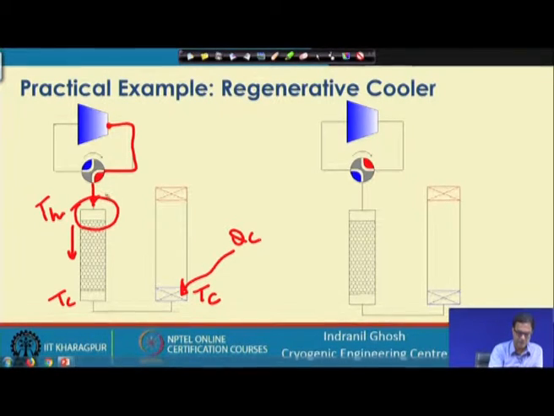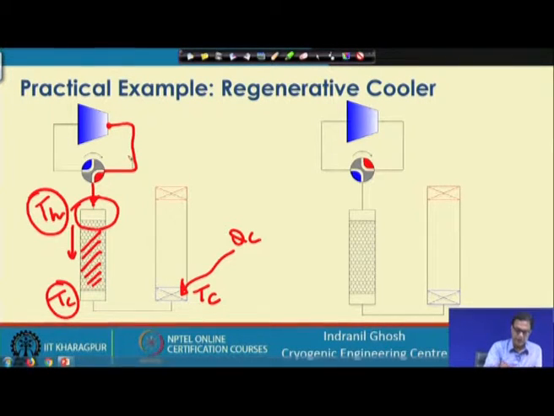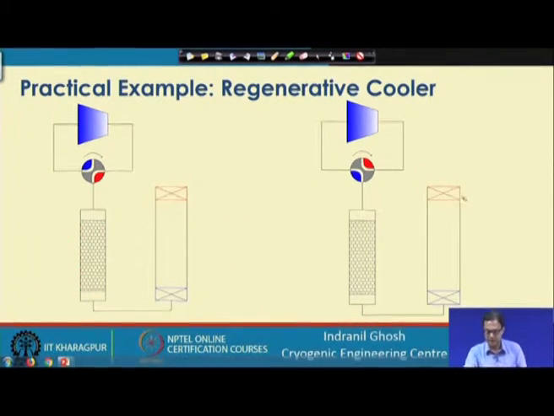This gas is at high temperature, and by the time it comes over here, it has reached TC. While passing through the regenerator matrix, the matrix will be heated up and the gas in turn will cool down to TC. At the end of this cycle, the gas comes over here and gets expanded in the other cycle.